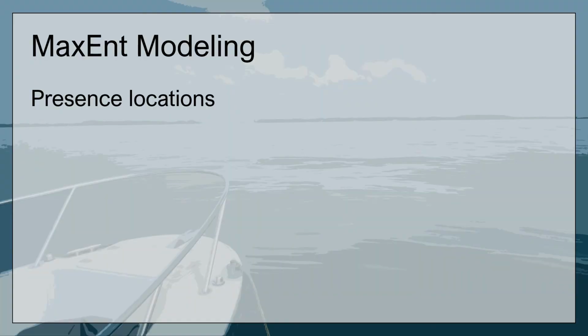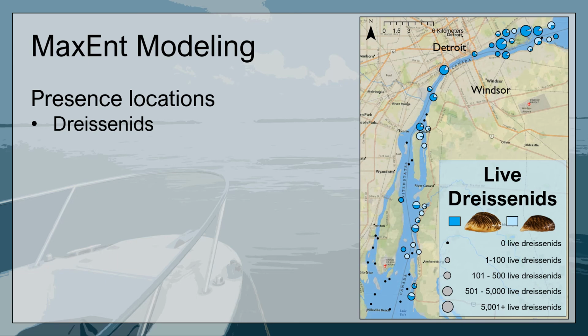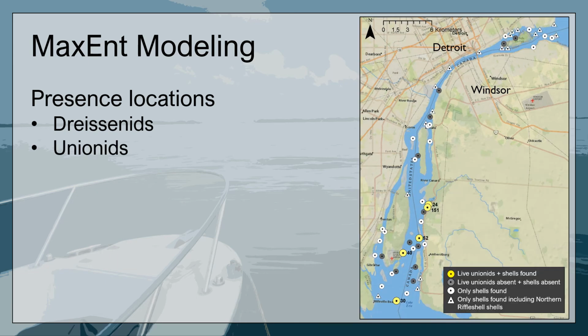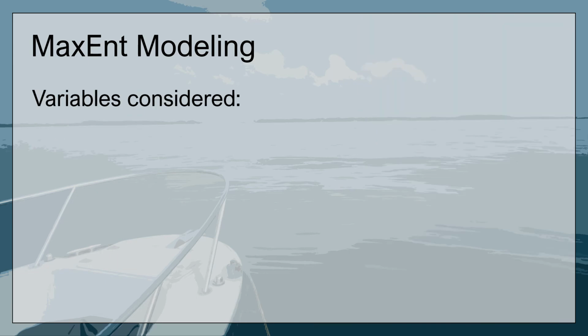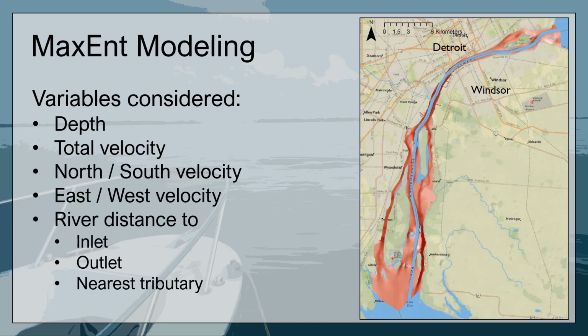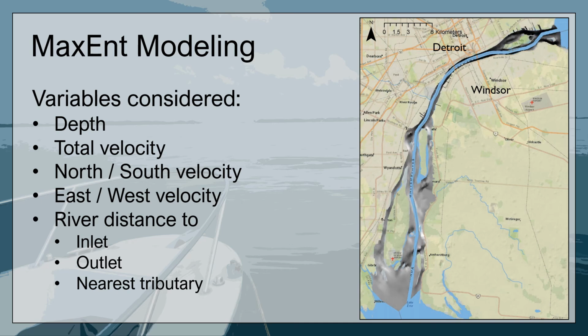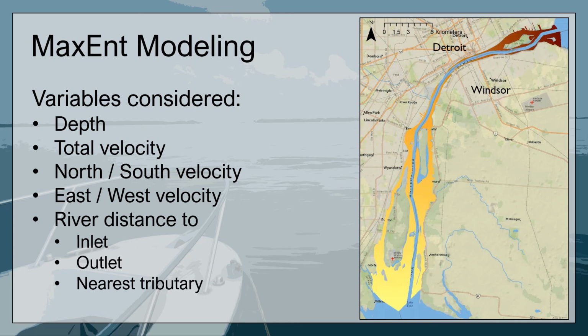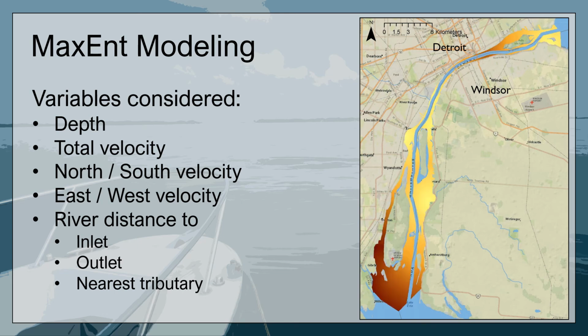So now what? Well, now we are using the known presence locations for both Dreissenids and unionids to create species distribution models using MaxEnt. The environmental variables we considered were depth, total velocity, north-south velocity, east-west velocity, and river distance to the river's inlet, outlet, and its nearest tributary.